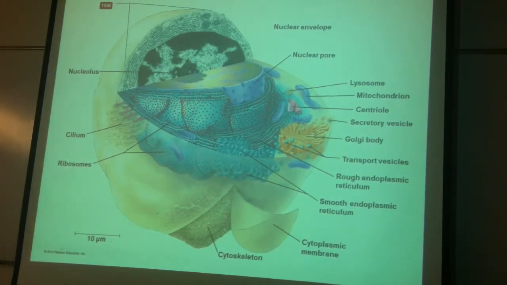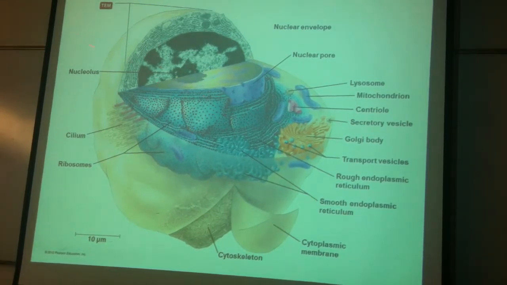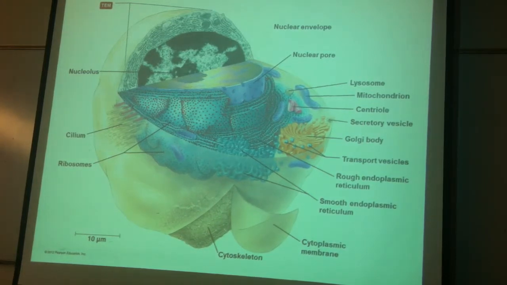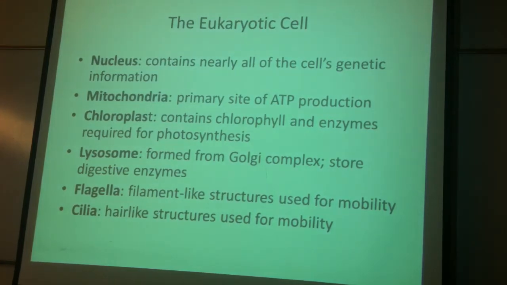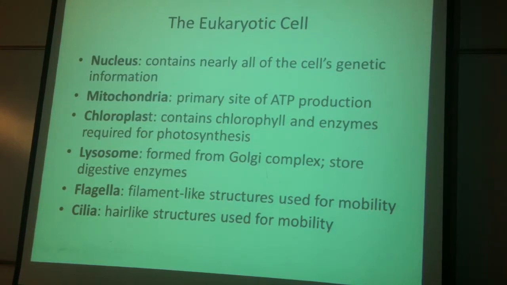Do you know which ones those are? So, our nucleus is double membraned, mitochondria is double membraned, and in plants, chloroplasts are double membraned. The nucleus contains all of our genetic information, and mitochondria make ATP. If we were talking about a plant, we have chloroplast, which contains chlorophyll, thylakoid stacks, grana stacks, everything required for photosynthesis.